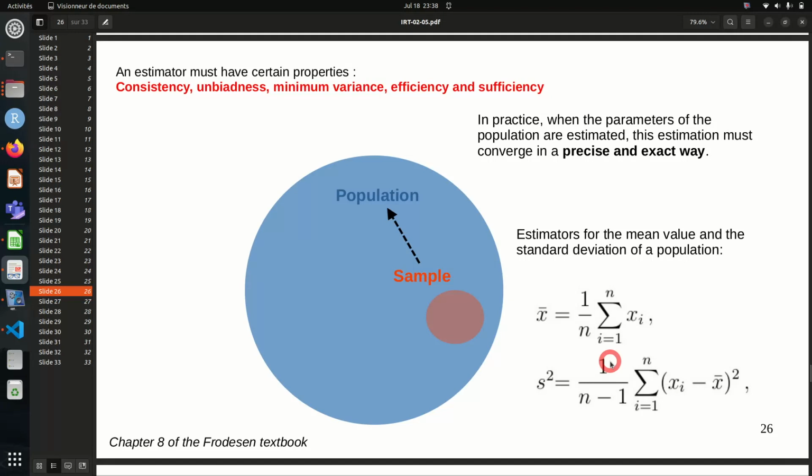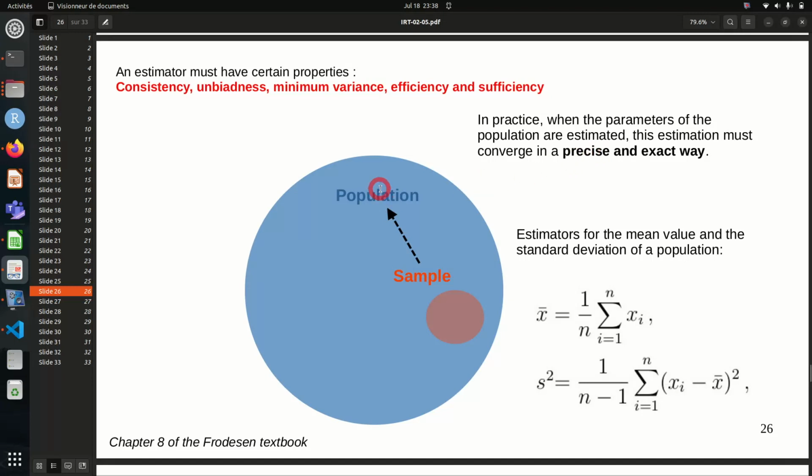If you go to chapter 8 of the Frodesen textbook, you will have a clear description of each of these properties. But in practice, what these different properties mean is that when you measure something here and you extrapolate it to the population, this extrapolation must converge in a precise and exact way.